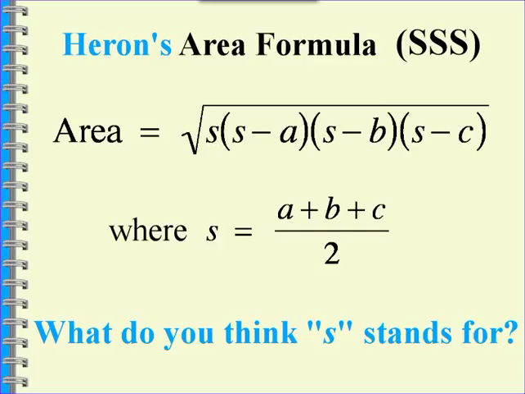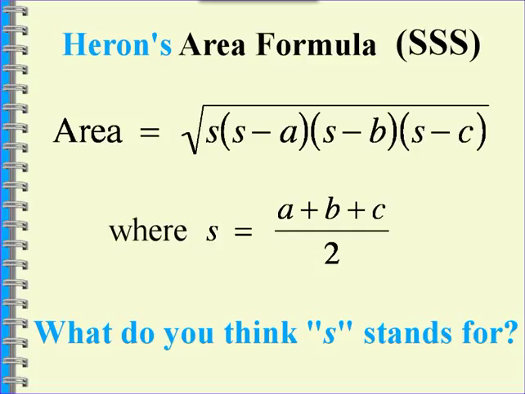A semicircle is half of a circle, so what would be half the perimeter? Semi-perimeter. So S stands for semi-perimeter, which means half of the perimeter. They didn't just magically dream up S and throw it into this formula. They're taking the semi-perimeter on every one of those.